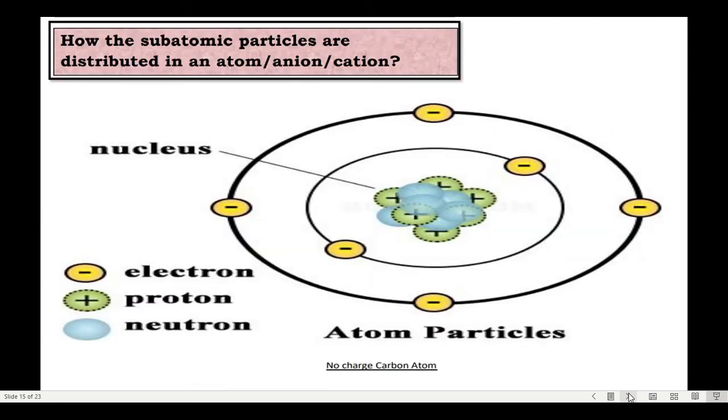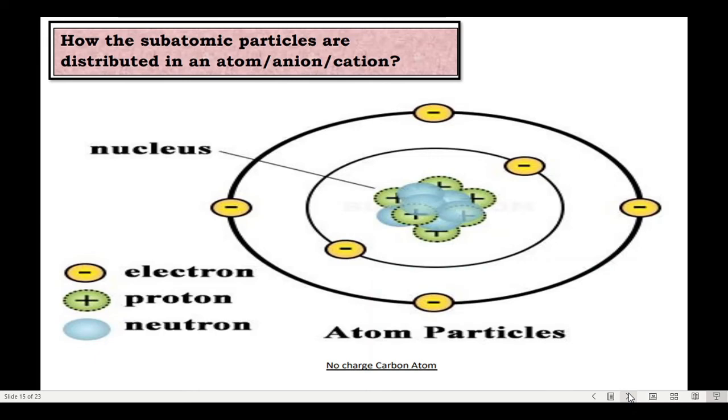Next, ito. How the subatomic particles are distributed in an atom, anion or cation. So, remember, atom has 3 subatomic particles. Yung nasa loob na nucleus, yung nasa center, ay proton na positive charge, yun yung kulay green na nakikita nyo.